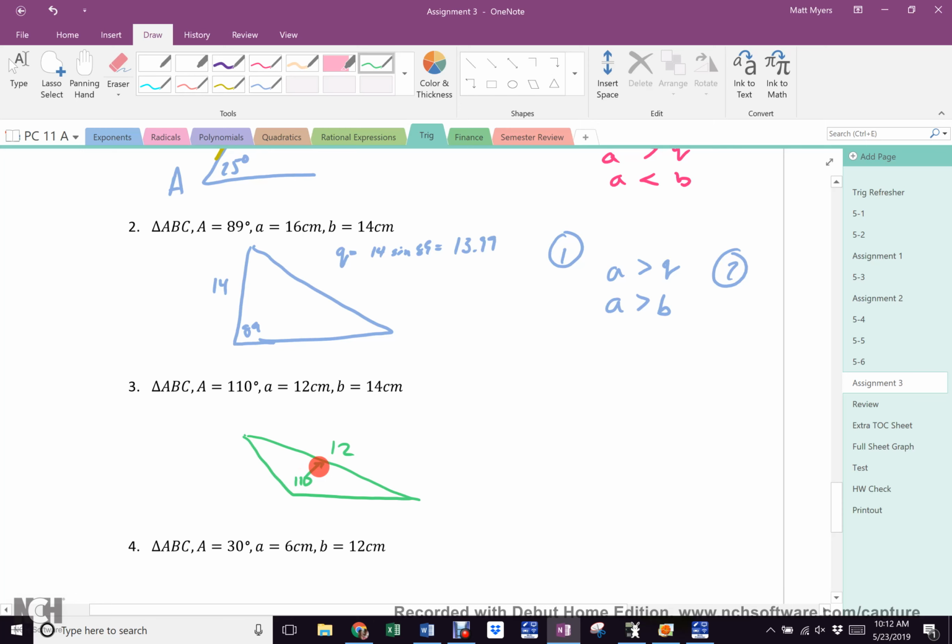Is it across from the biggest side? No, because B is 14. So this is 0 triangles because 12 cannot be opposite 110 degrees.